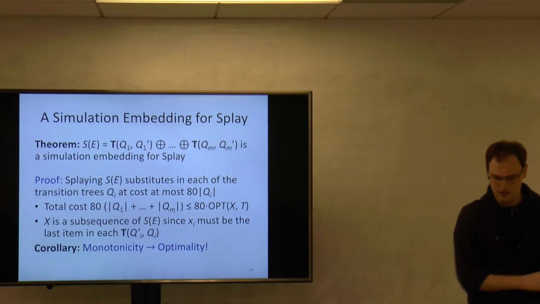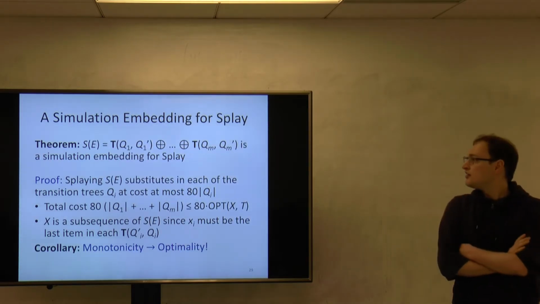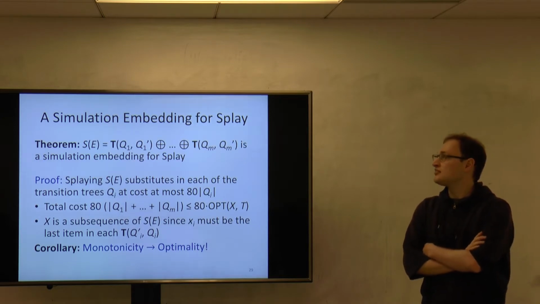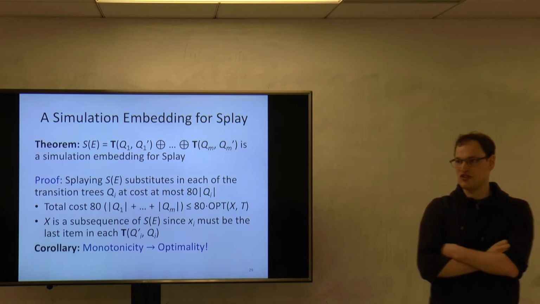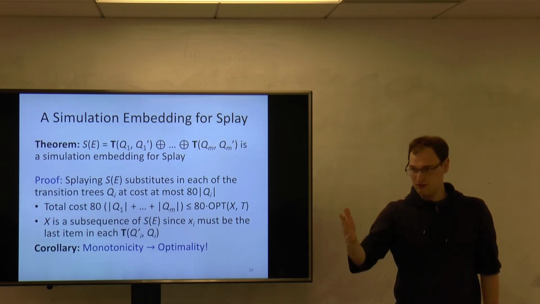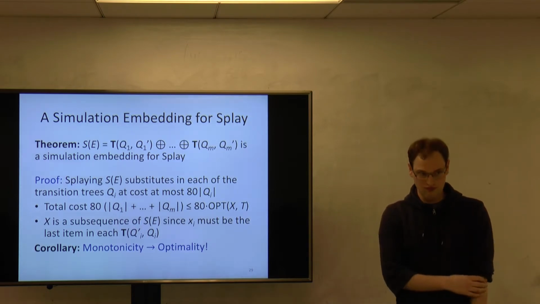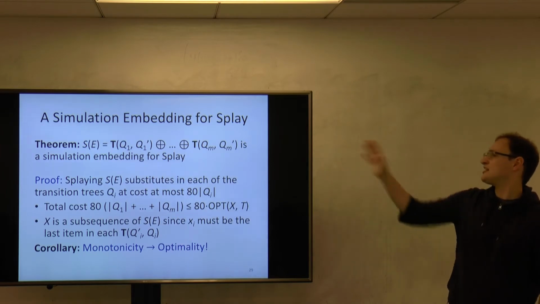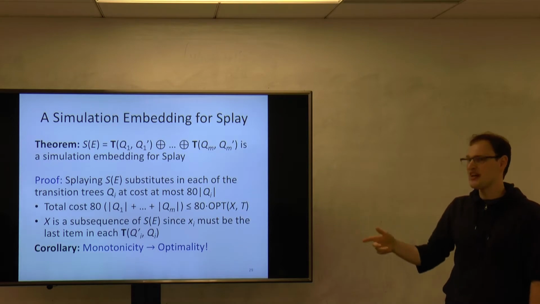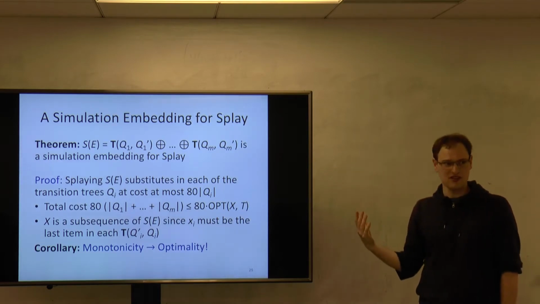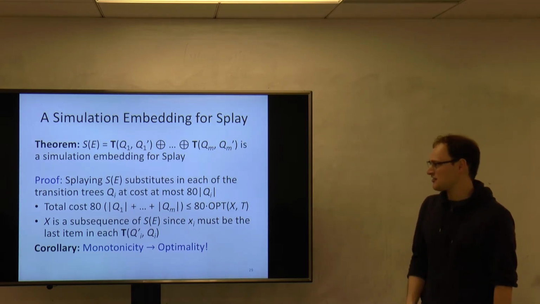Okay. So then the simulation embedding is simply that I concatenate the sequence of subtree transformations that enacts my target execution. Each one of those successively substitutes qi for qi prime in the tree. The cost of each substitution is at most 80 times the size of the subtree.